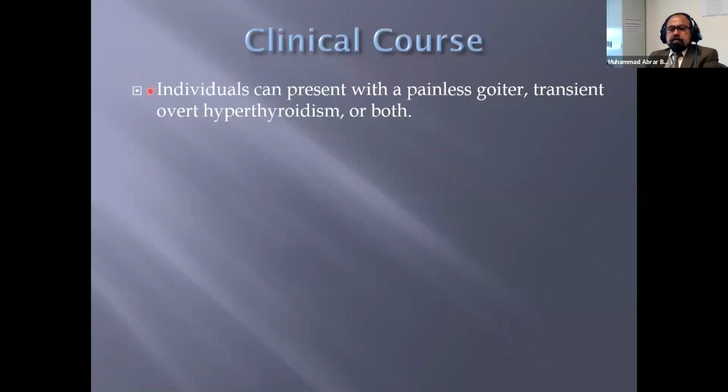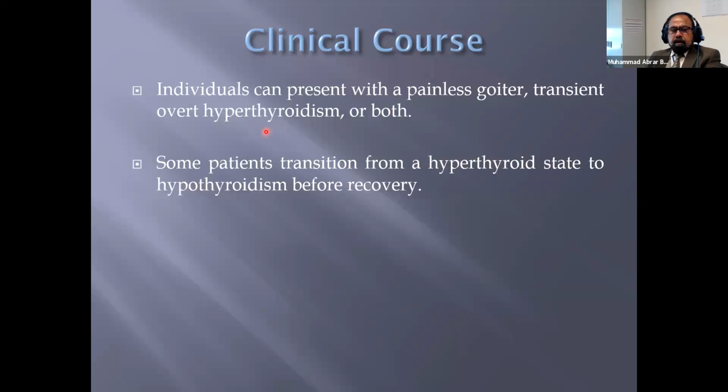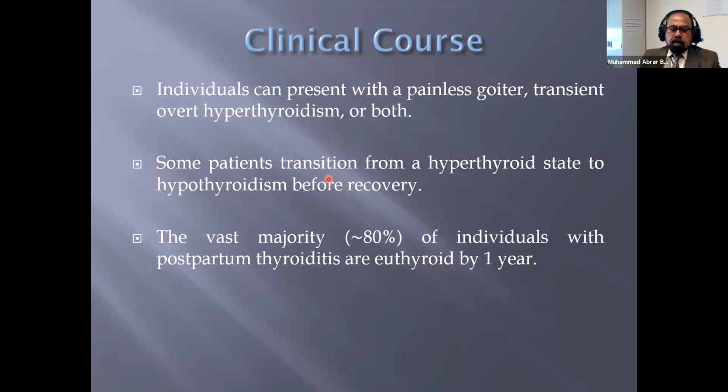Clinical features: the individual can present with a painless thyroiditis, a goiter, and transient or overt hyperthyroidism, or you can see both of them. Some patients have a transition from hyperthyroid straight to hypothyroid. Initially they are hyperthyroid, and then as more and more thyrocytes are killed, they become hypothyroid before they recover. A vast majority, about 80%, usually in postpartum thyroiditis, become euthyroid in 1 year.